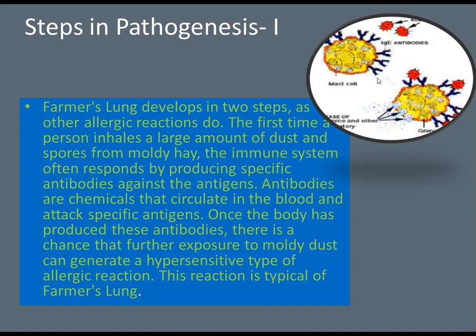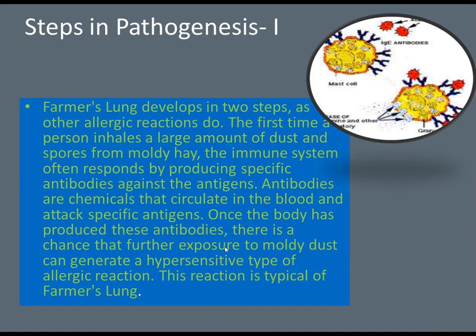Okay. Now these antibodies do have a role in the first step of the pathogenesis of farmer's lung. The antibodies normally try to protect against any kind of germs that are carrying antigen along with them. That is the normal function of your immune system. But when there is an allergic reaction, that means the reaction is more.